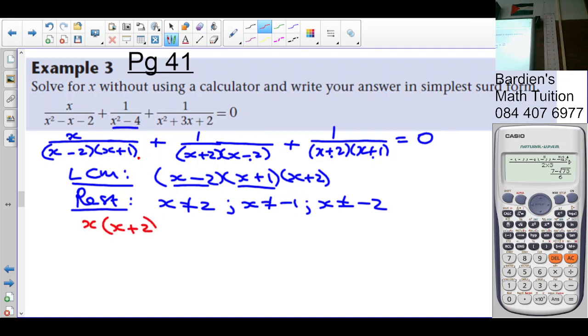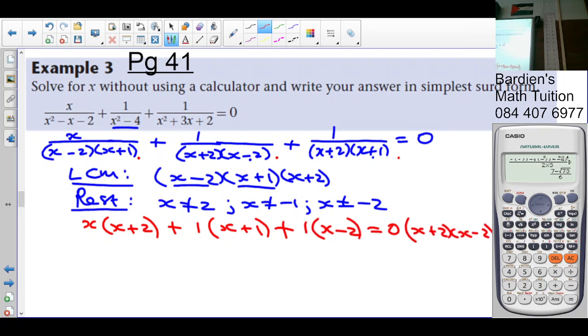I can drop the denominator only in an equation. Plus, what must this denominator be multiplied by? x plus 1. So it's 1 into x plus 1. What must this denominator be multiplied by? x minus 2. So it's 1 into x minus 2. And 0 into the whole LCM, x plus 2, x minus 2, x plus 1.